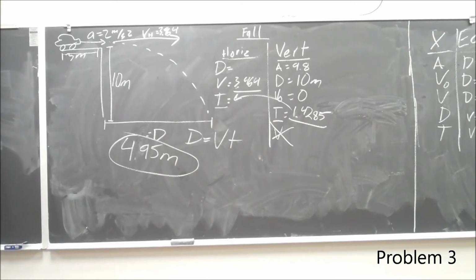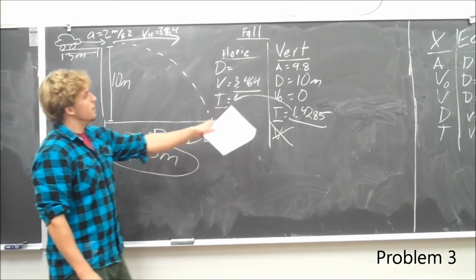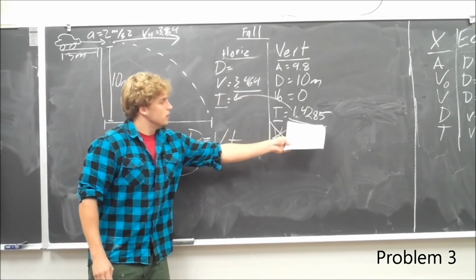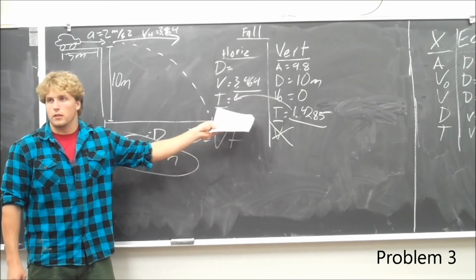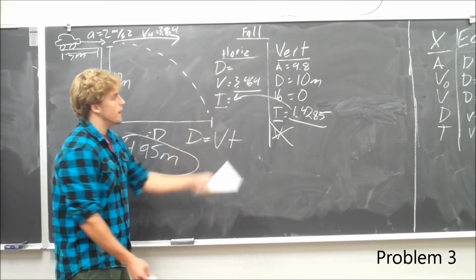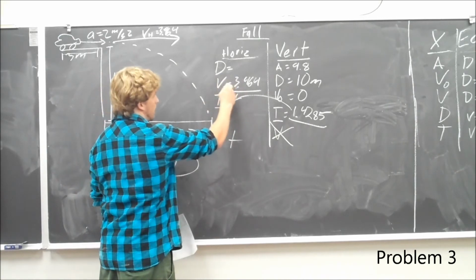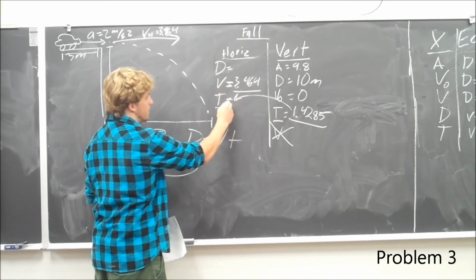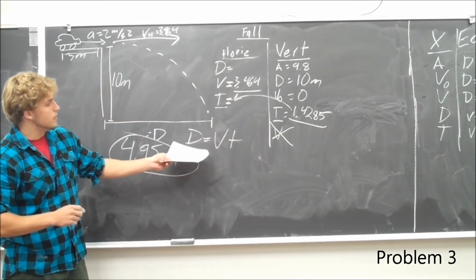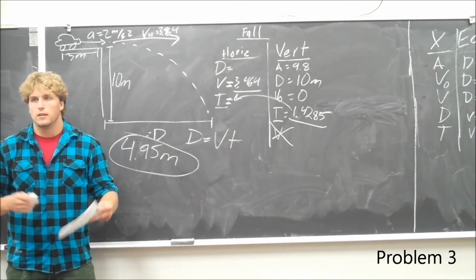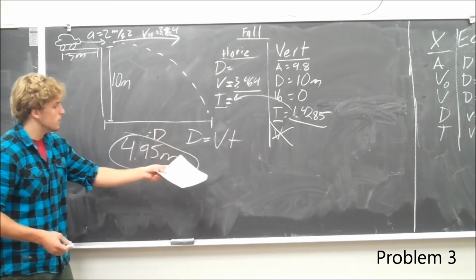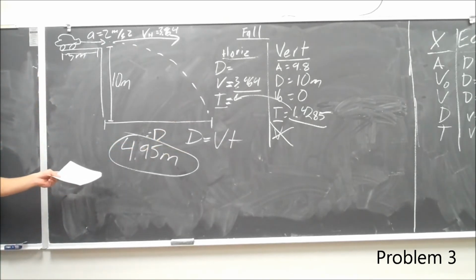Cool? Any questions? Okay, I didn't write it out. So this t is brought over here. Nobody has a question with that, right? The t is the same. So now I have velocity, I have time, and I know d equals vt in the horizontal because there's no acceleration. Just multiply and you get 4.95.